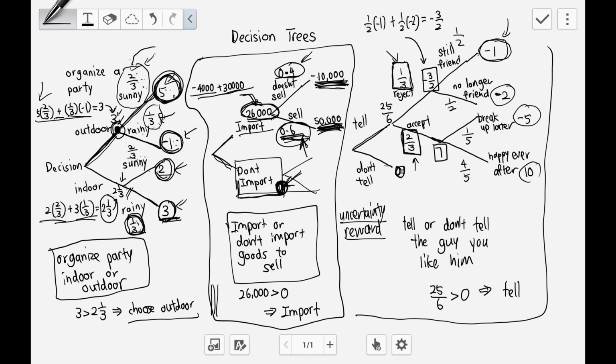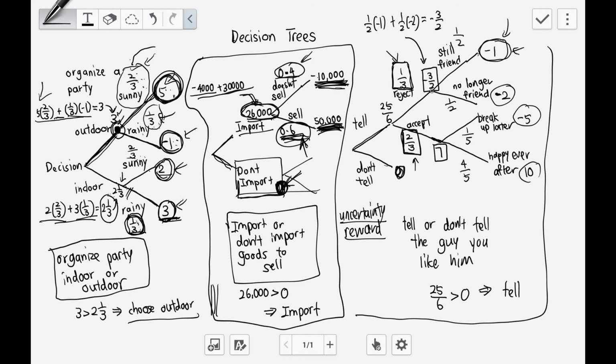Maybe someone will think it's better to tell, even if you still remain as friends, and let the secret out. Then the utility may change to 2. So you have to assign your own utility. No one else can decide for you.